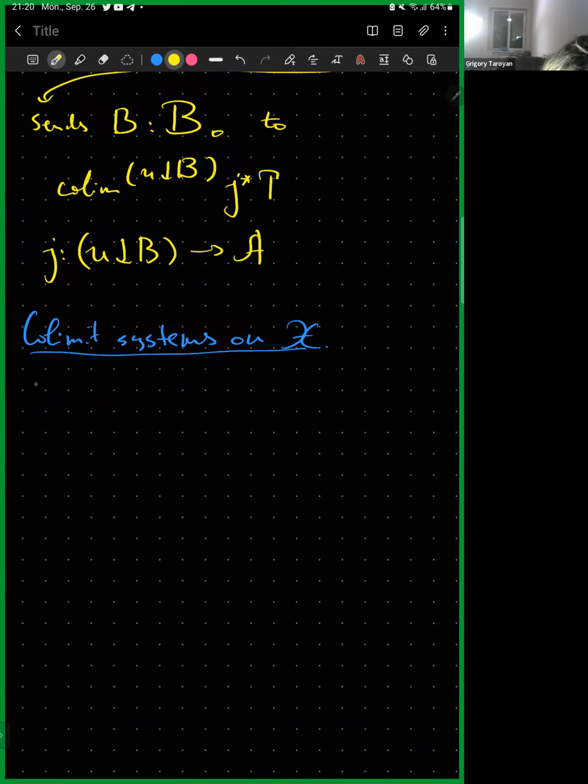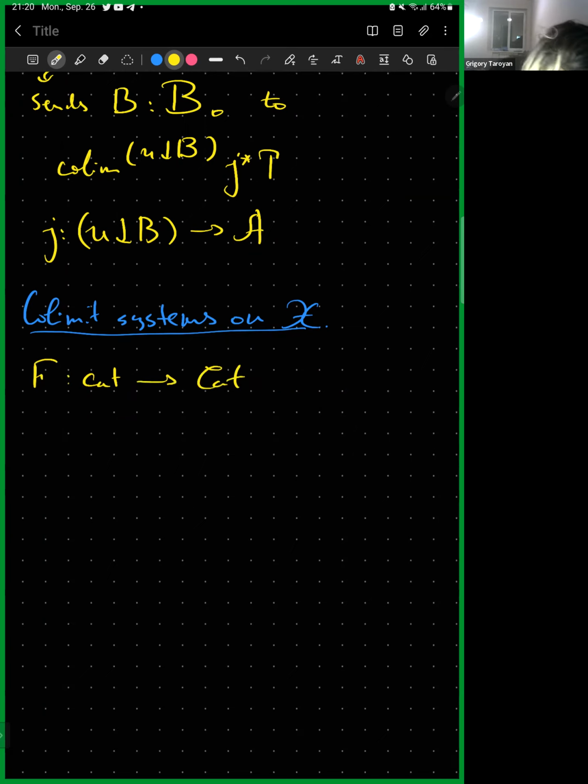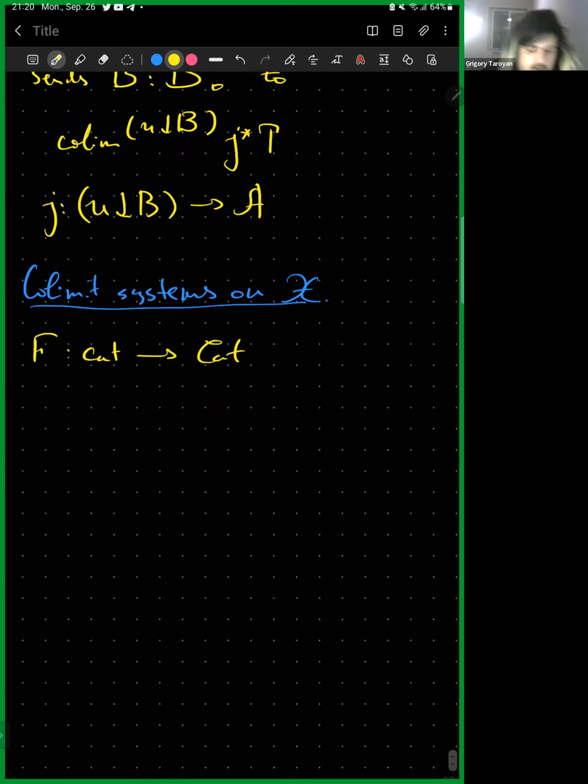So what is a colimit system? Well, a colimit system is a function which goes from the category of small categories to just, well, a collection of not necessarily small categories.